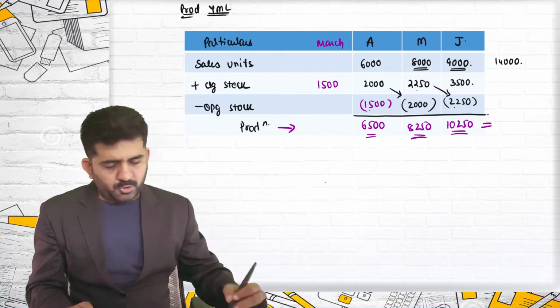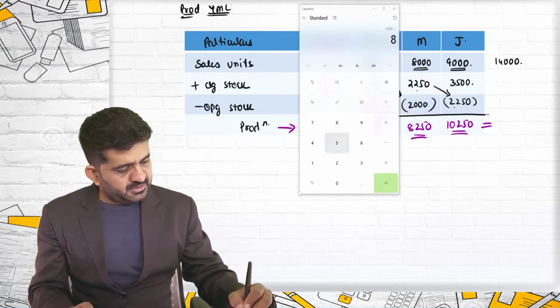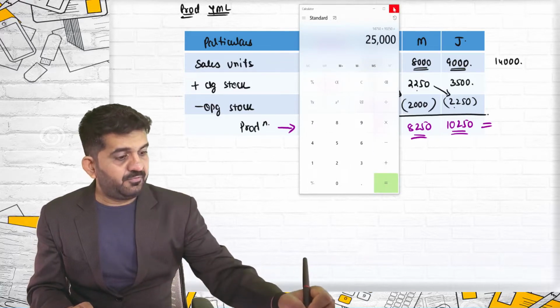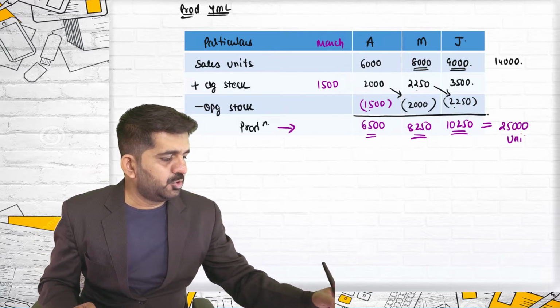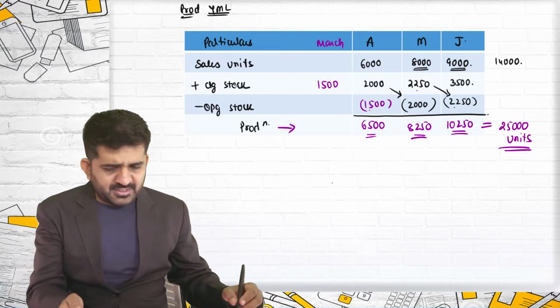What is the total production I'll be making? It is 6,500 plus 8,250 plus 10,250, which is 25,000 units. I need to also prepare production budget in rupees.